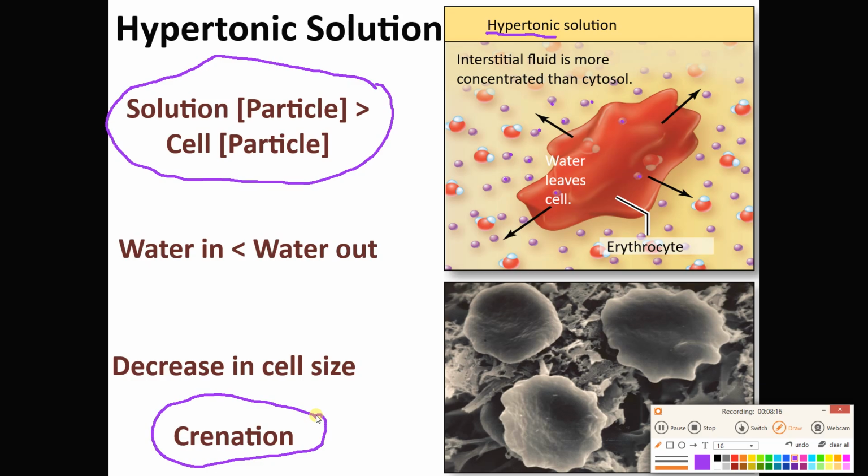A hypertonic solution has a greater particle concentration than the cells, so it, quote unquote, sucks water out of the cells, and the cells shrink, and that shrinking is crenation. In isotonic, there was no net movement of water in and out. In a hypertonic solution, osmosis is happening and water is diffusing out of the cell, and the cell gets smaller. That shrinkage is called crenation.